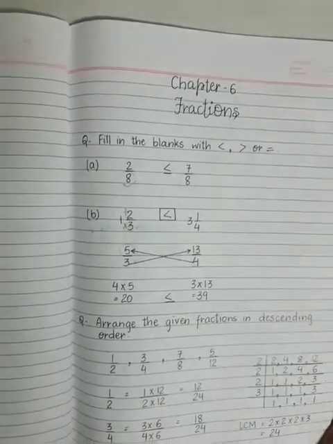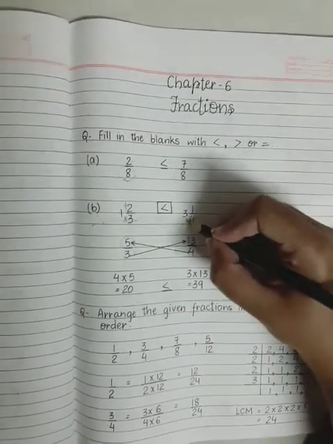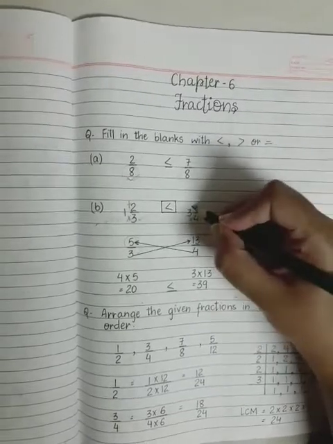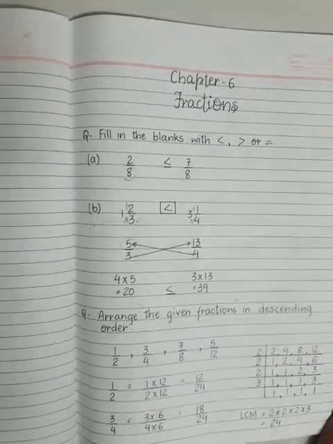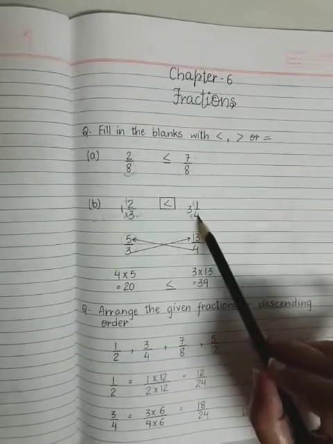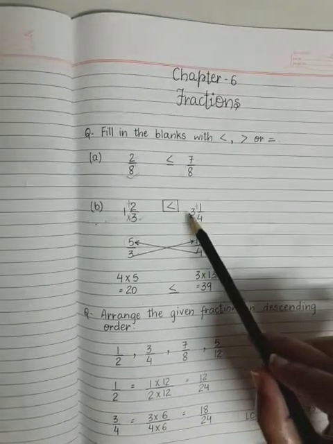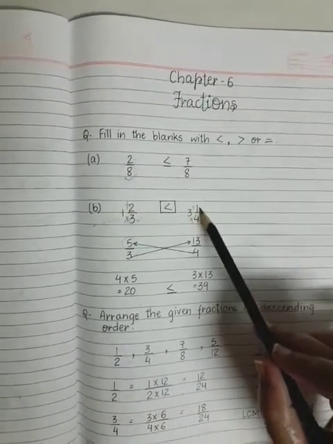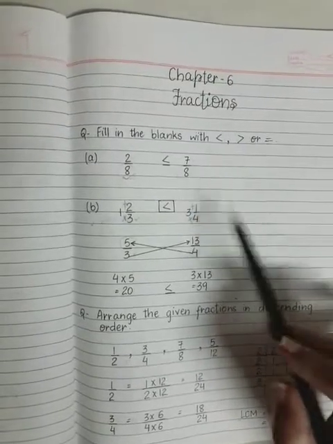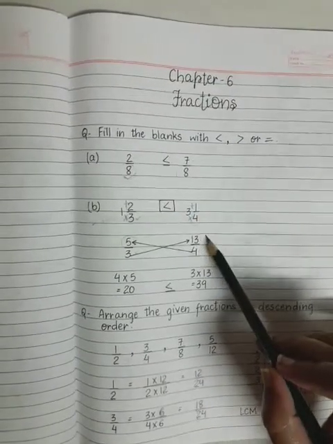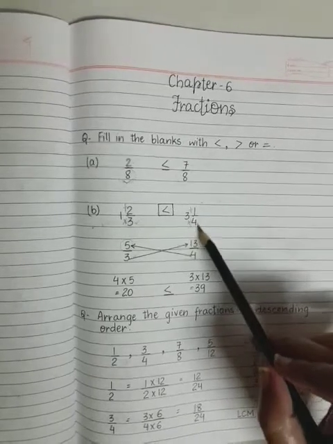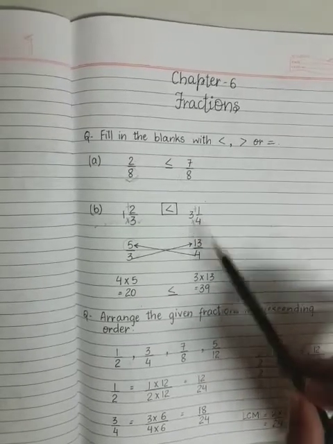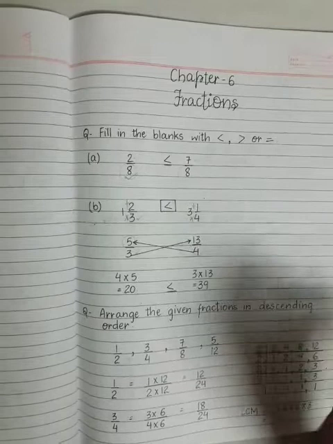So, again the same trick, we put a multiplication sign between these two numbers and an addition sign between these two numbers. So, 4 multiplied by 3 is 12, 12 plus 1 is 13. So, 13 comes here and the denominator was 4, so the denominator remains the same, 4.